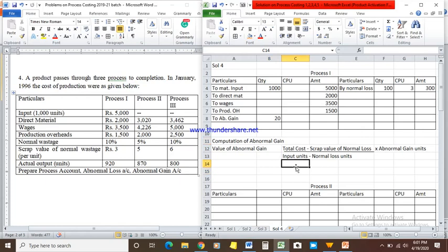Now here I'll write total cost. What is this total cost? The total cost is the sum total of all on the debit side, that is 12,000 rupees. 12,000 minus scrap value of normal loss, that is 300, divided by input units 1000 minus normal loss units 100.